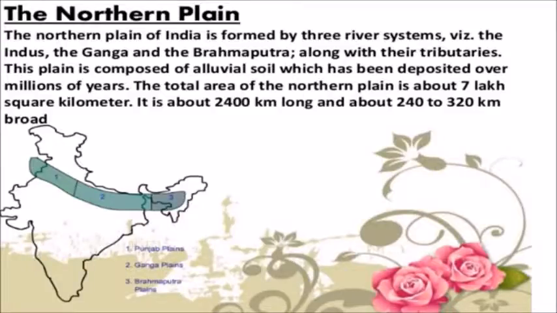The northern plains of India are formed by the river systems, that is the Indus, Ganga and Brahmaputra. These are the three main important rivers because of which the northern plain is formed, along with their tributaries. This plain is composed of alluvial soil. We all know when a river flows, it carries silt and minerals, and the Ganga originates from the Himalaya.